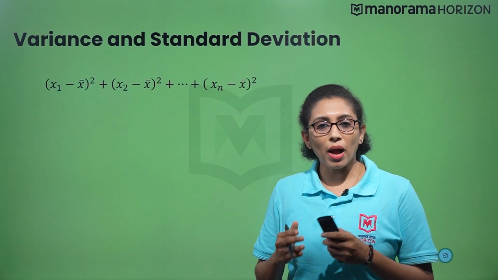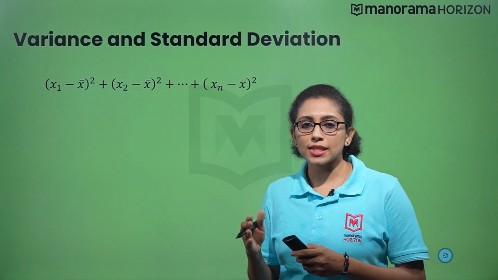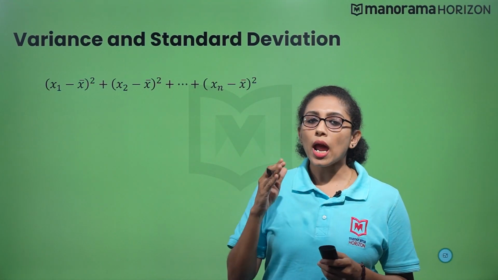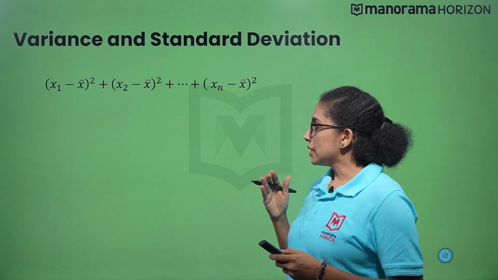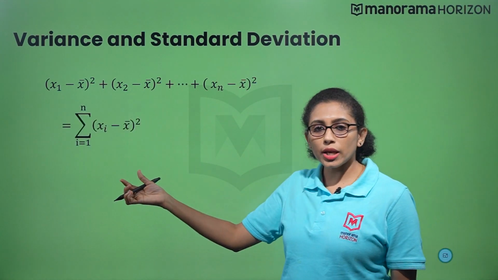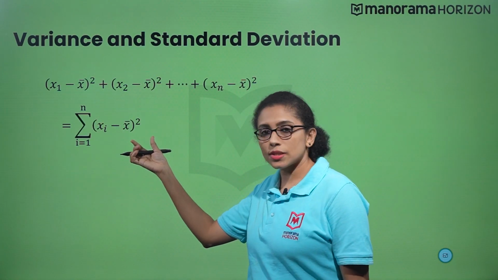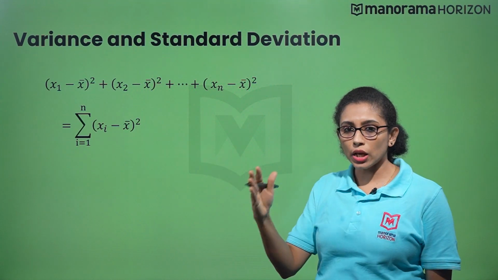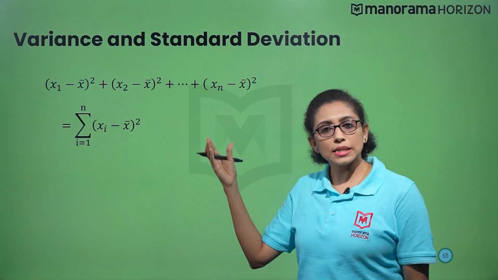Then (x1 minus x bar) the whole square plus (x2 minus x bar) the whole square plus and so on up to (xn minus x bar) the whole square is equal to summation i equal to 1 to n (xi minus x bar) the whole square. If this sum is 0, then each xi minus x bar has to be 0.